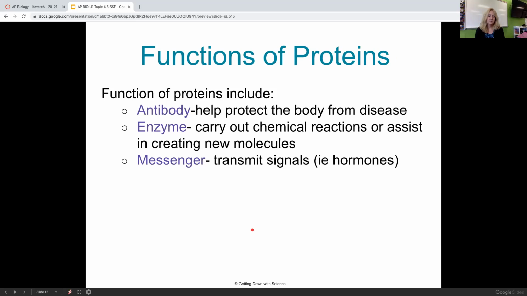Enzymes are so important because, as one example, you build up hydrogen peroxide in your body all the time. Hydrogen peroxide will kill you if you get enough of it at a high enough concentration in your body. So it naturally breaks down, but it's a very slow process.